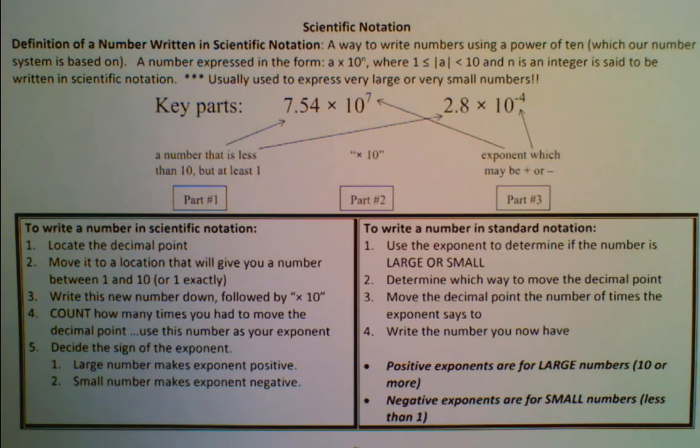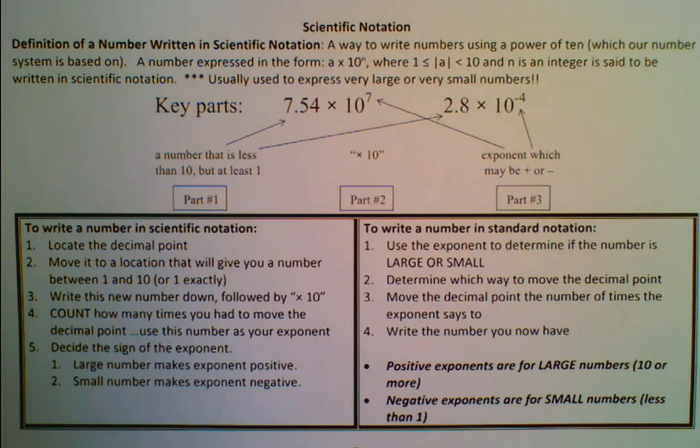Okay, scientific notation. The definition of a number written in scientific notation is a way to write numbers using a power of 10, which our number system is based on.